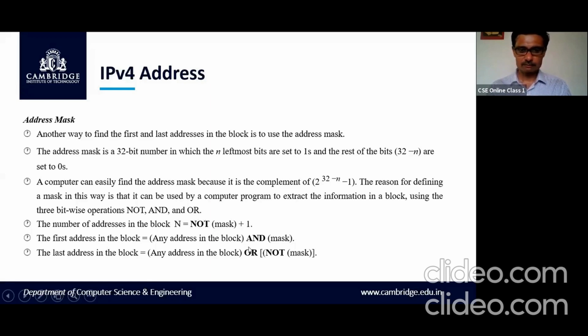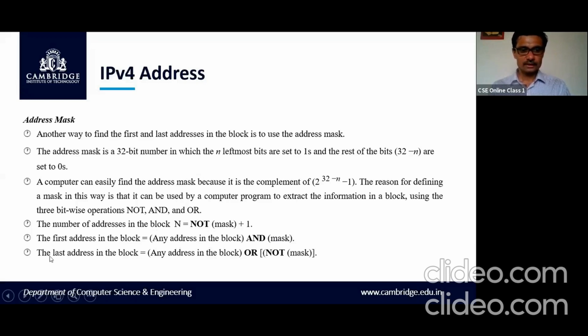Similarly, how do you find the first address? We already have the mask, and then our router will perform the AND operation with any of the addresses allotted to that network. So you get the first address.